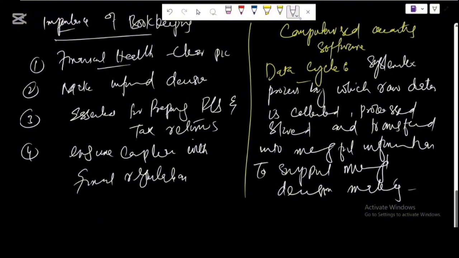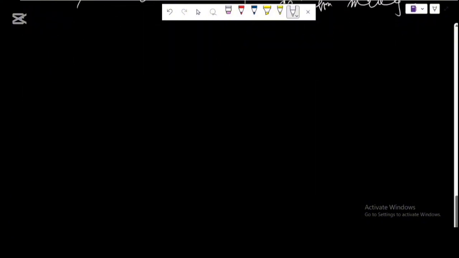Clear? So in simple words, data cycle is the process through which you collect the data, then process that data, then store it and transfer that data into information, and that information is helpful for the management to take a wise decision.